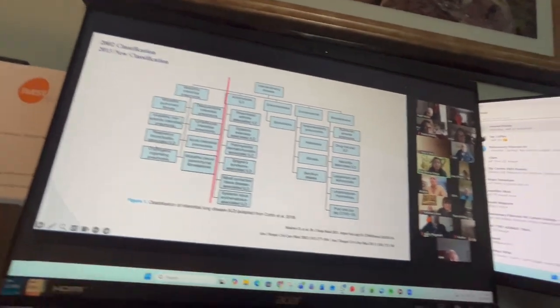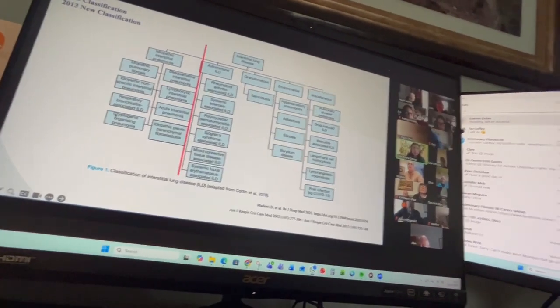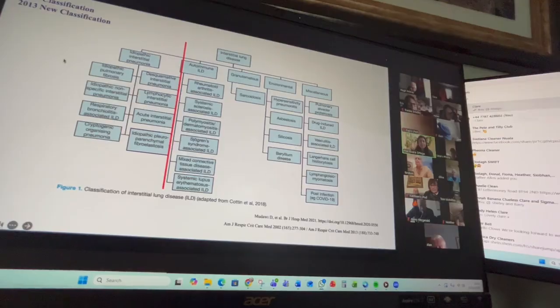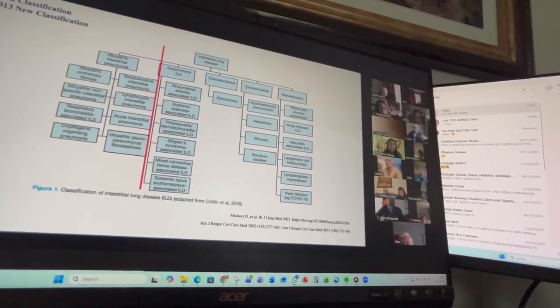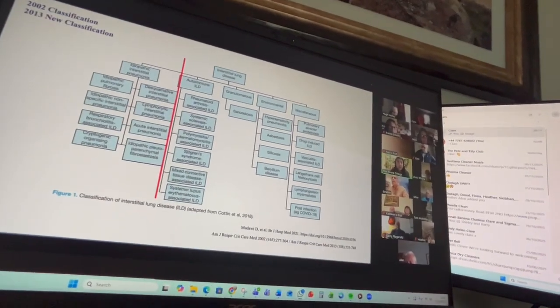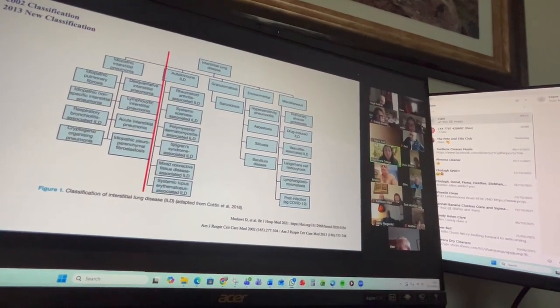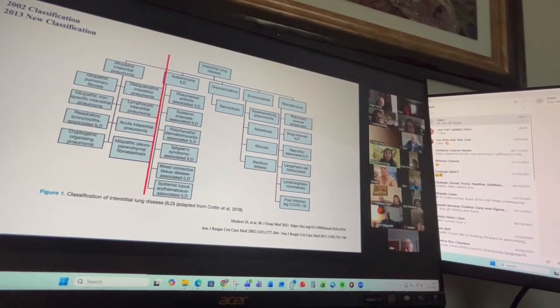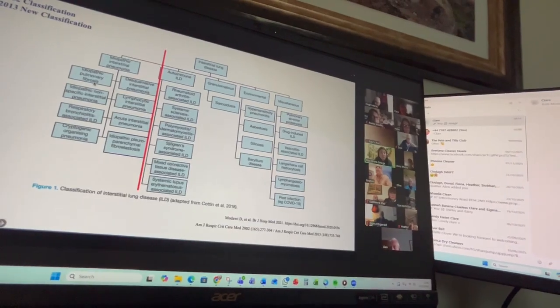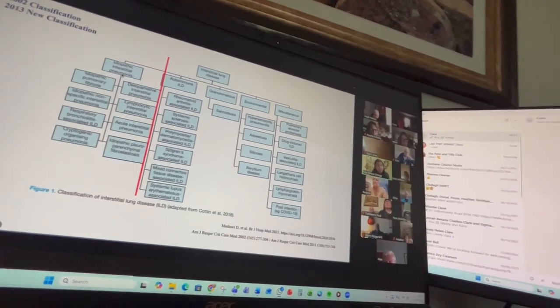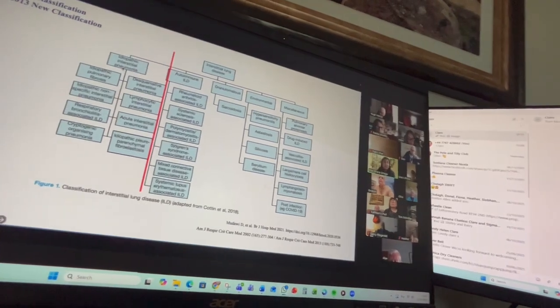If you read any report that says cryptogenic or idiopathic, those are medical terms that mean whatever you are having, we are not able to identify the cause at the moment.